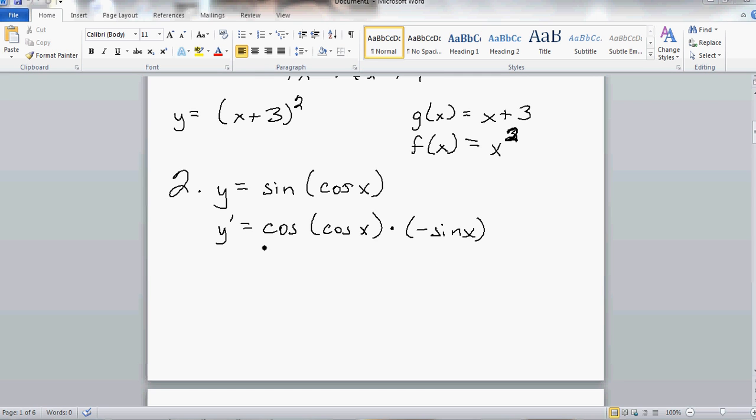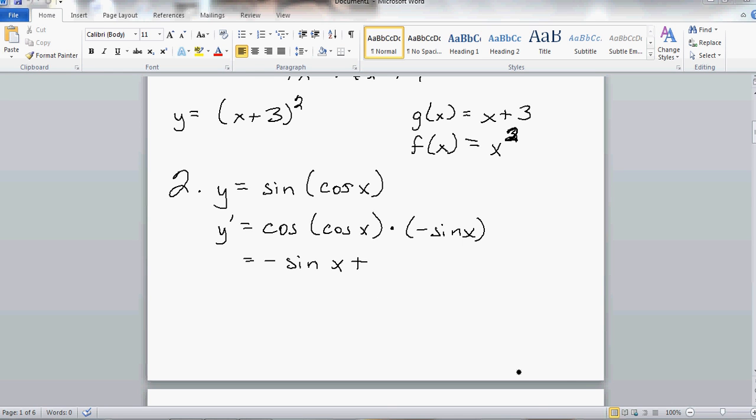And so now we just need to simplify this a little bit further. Unfortunately, cosine of the cosine of x is not cosine squared. We would need to have an x here. So basically, it's just a matter of rewriting this into a little bit more acceptable form, but not really.